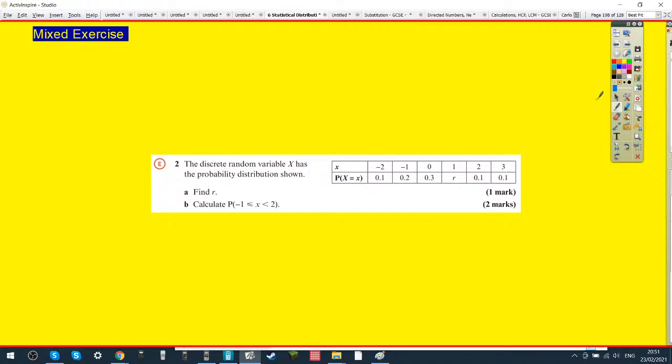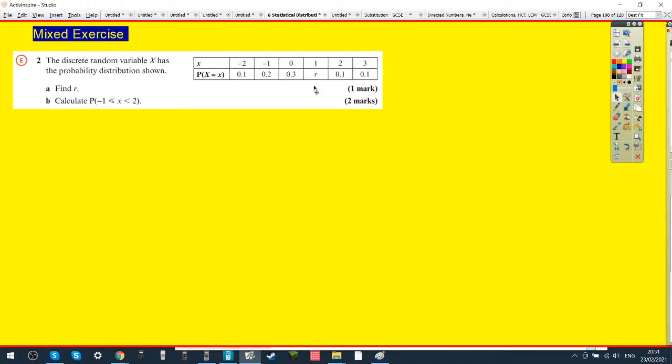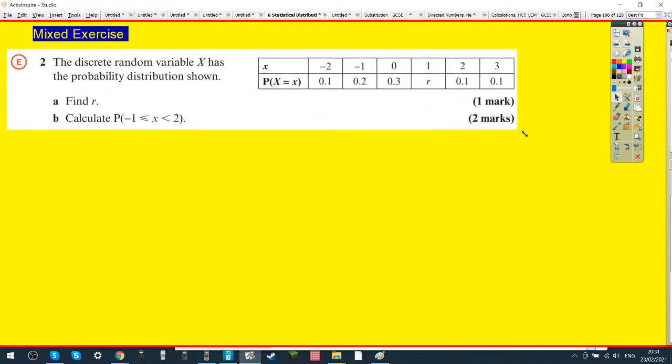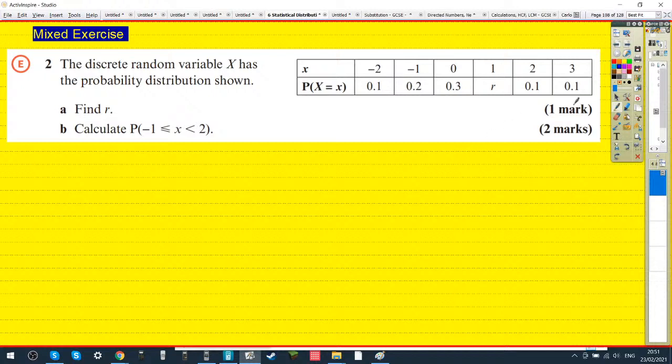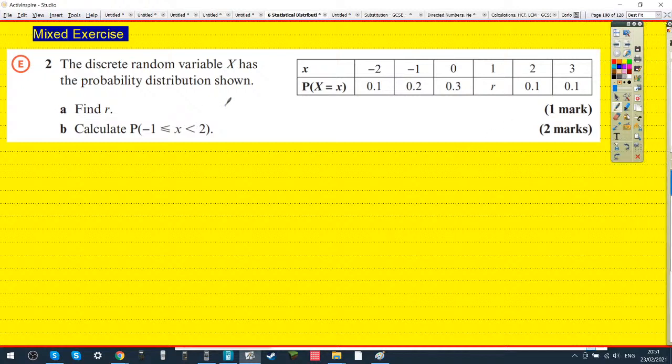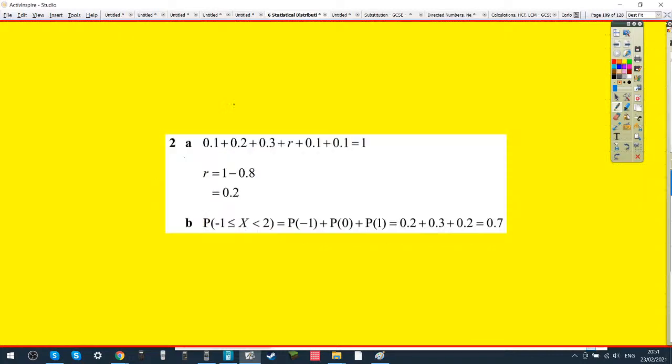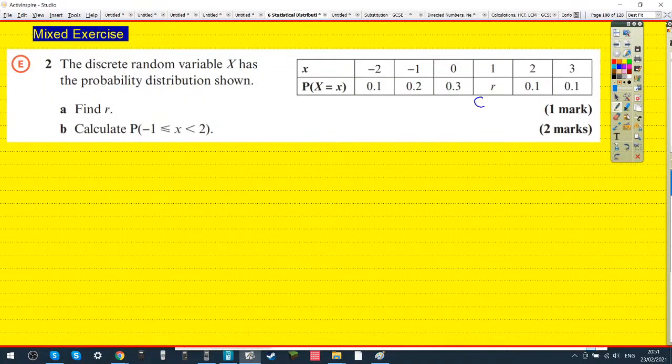Let's see this one. How would we find r? Would you just add all of them, then take away from 1? Yeah, and let's say it's 0.2.